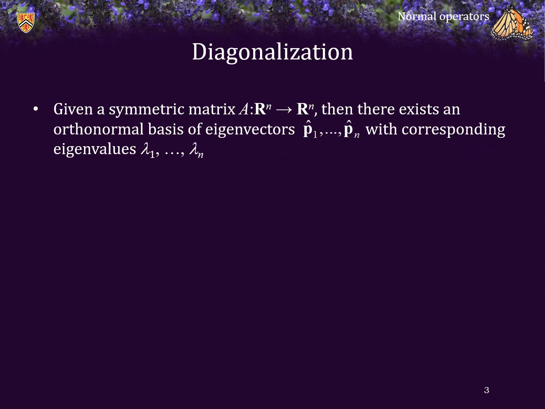Now, given a symmetric matrix A mapping Rn to Rn, therefore it is self-adjoint, and consequently there must exist an orthonormal basis of eigenvectors. Now, those eigenvectors p1 through pn correspond with eigenvalues lambda 1 through lambda n.